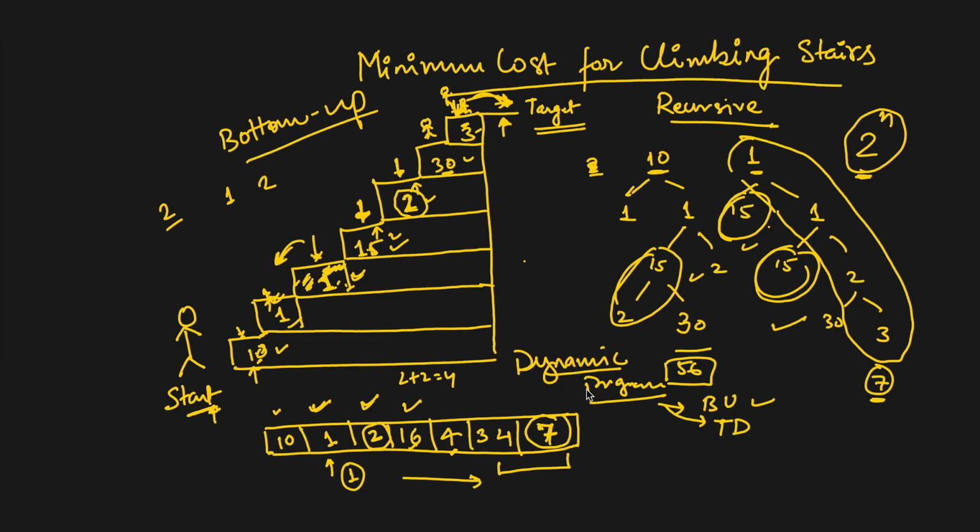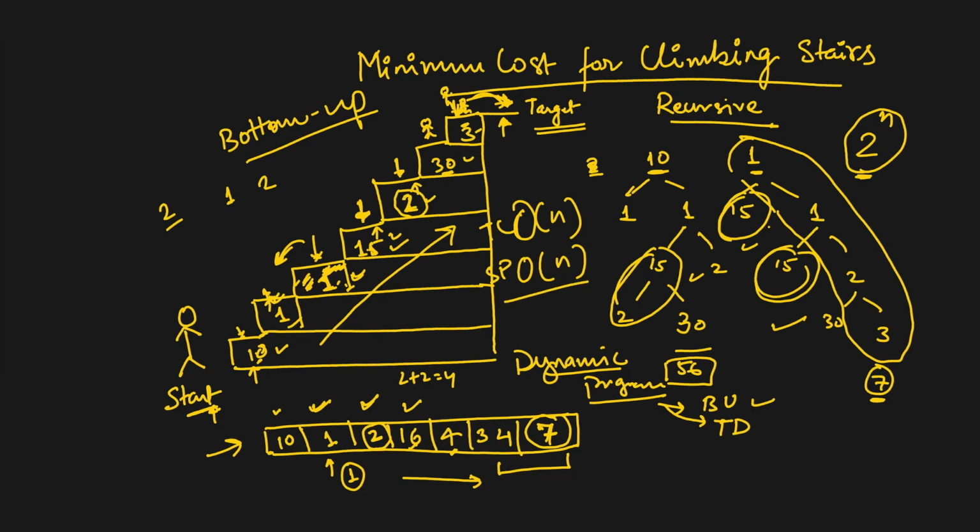If you see, we are doing only one traversal, so the time complexity is O of n, and we are using an array to store the results, so the space complexity is also O of n.